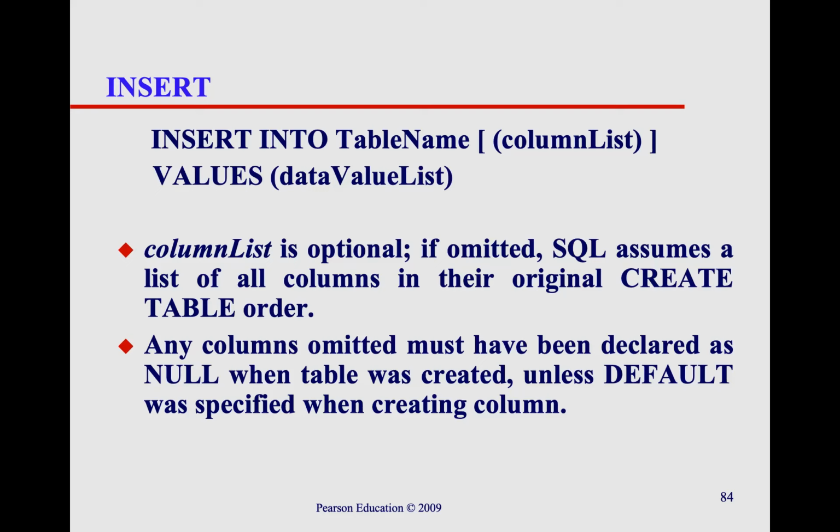So if you had 8 attributes declared in your create table, your value statement would need 8 values, even if, let's say, 2 of the columns were declared null. So you only have to provide values for 6 of them. The problem is, if you only provide 6 values, it can't match to those 6. You might think it'd be smart enough to do it, but it's not, and it would give you an error message.